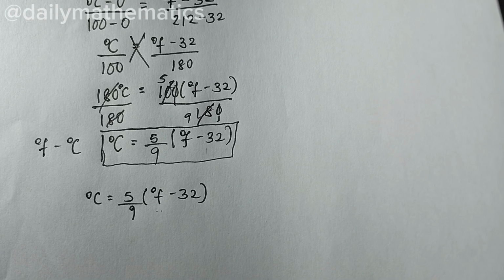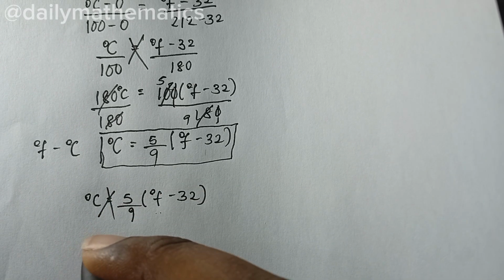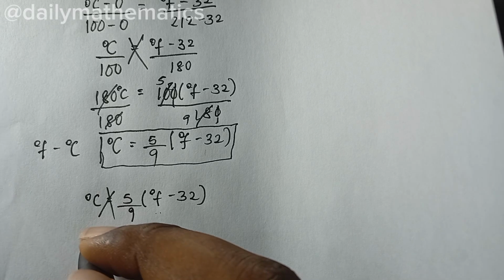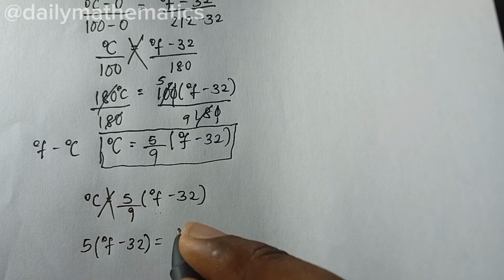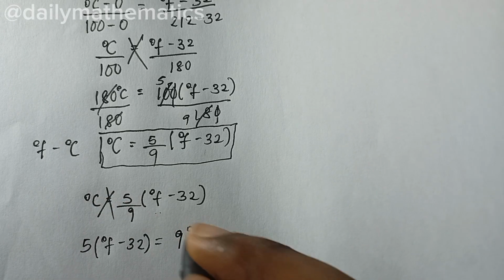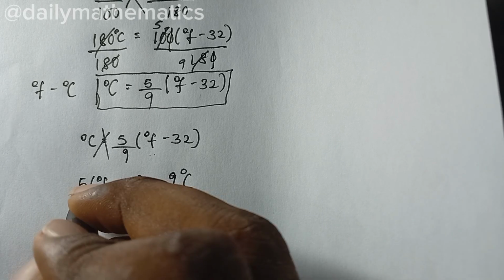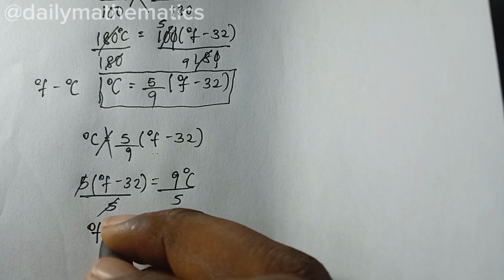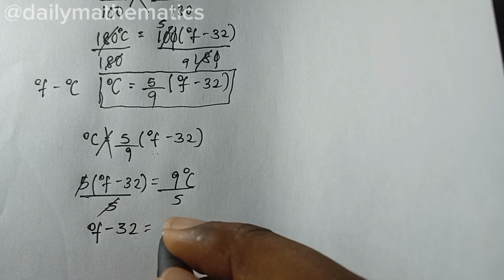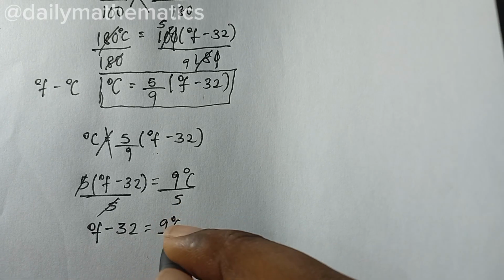So from here we can cross multiply, and we'll have 5 times degree Fahrenheit minus 32 equals 9 degrees Celsius. And so from here we can divide both sides by 5. 5 cancels 5, and we have degree Fahrenheit minus 32 equals 9 degrees Celsius over 5.